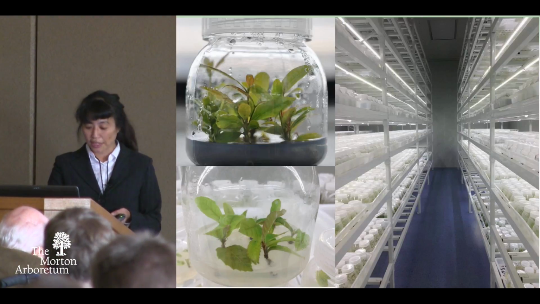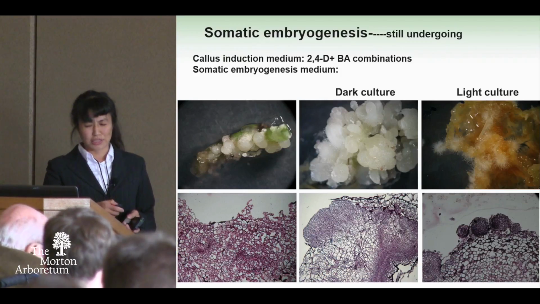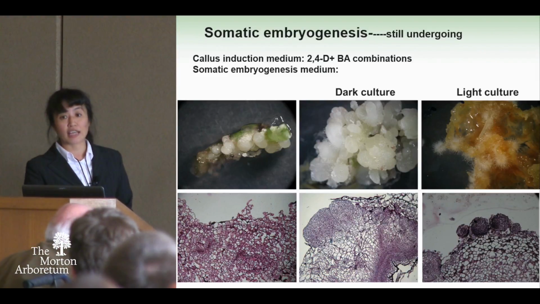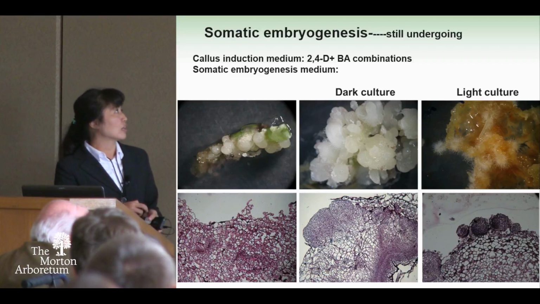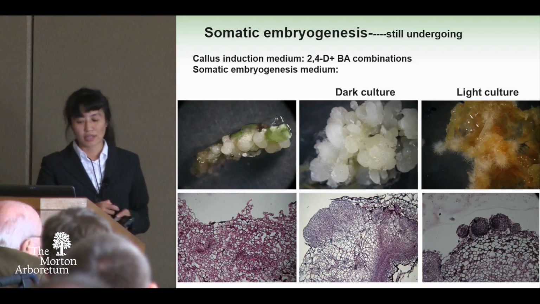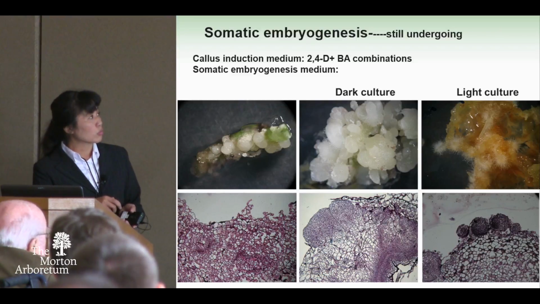So it seems to be working. I also tried a little bit of somatic embryogenesis with a leaf explant, but it seems 2,4-D is essential. We have to use it, and culture in the dark works much better than in the light.